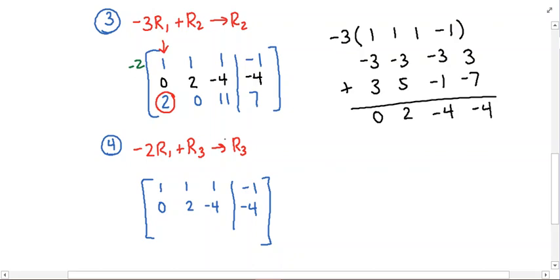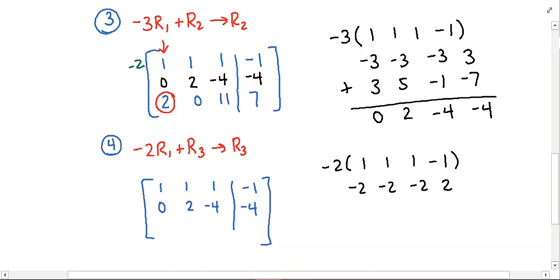Okay, so let's do what the row operation says to do. I'm going to do -2 times the first row. You have to multiply the entire first row, every number in there, by -2. So you're going to get -2, -2, -2, negative times negative is going to be positive. Then we are going to add row 3 back to this.